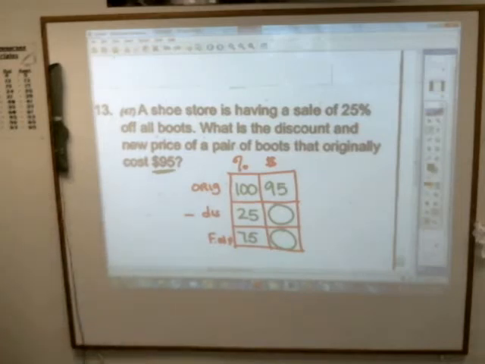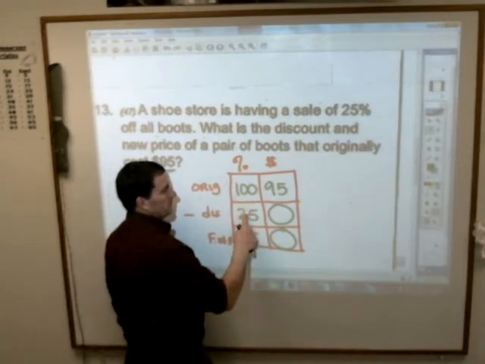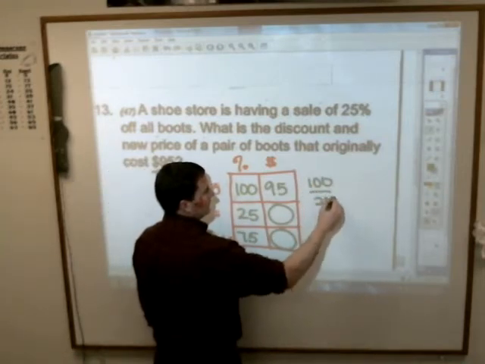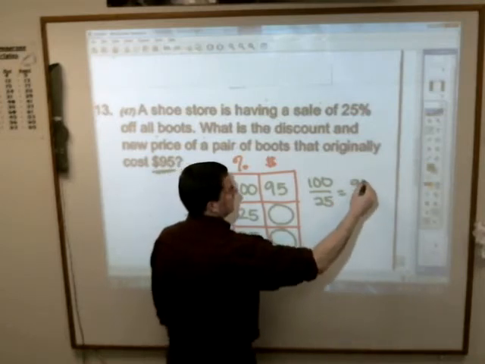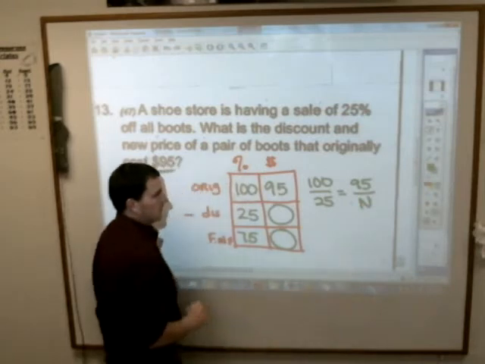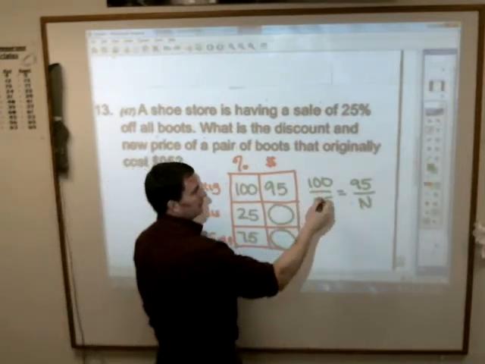So the question is, which proportion do I want to do first? It doesn't really matter. I'll do this one. 100 over 25 equals 95 over what number? I would reduce this fraction, I'd make it 4 over 1.